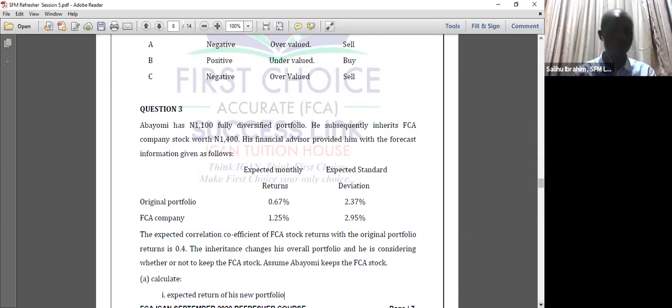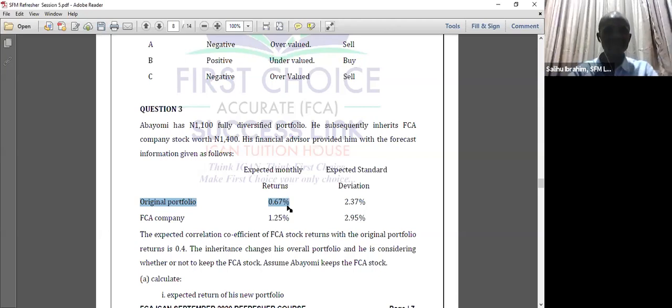The requirement A, Roman figure 1, says we should calculate the expected return of his new portfolio. This is the original portfolio, the expected monthly return on the original portfolio. Now, Abayomi is inheriting the FCA stock.